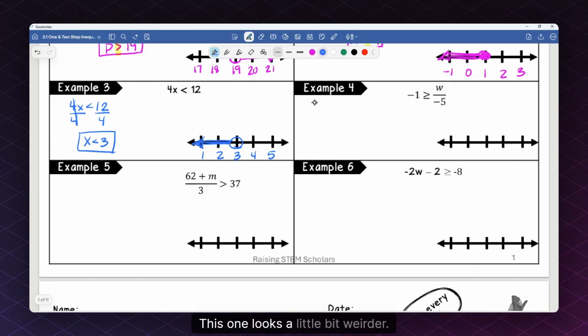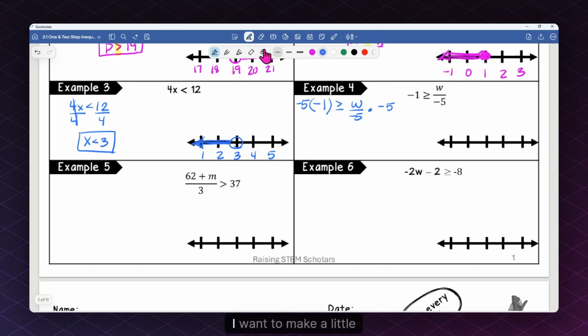Okay, let's look at this one here. This one looks a little bit weirder. We've got W divided by minus 5. When you see a fraction, it just means it's a division problem, like W divided by negative 5. The opposite of division is to multiply, so we're going to multiply by that negative 5 to get it out of the denominator.